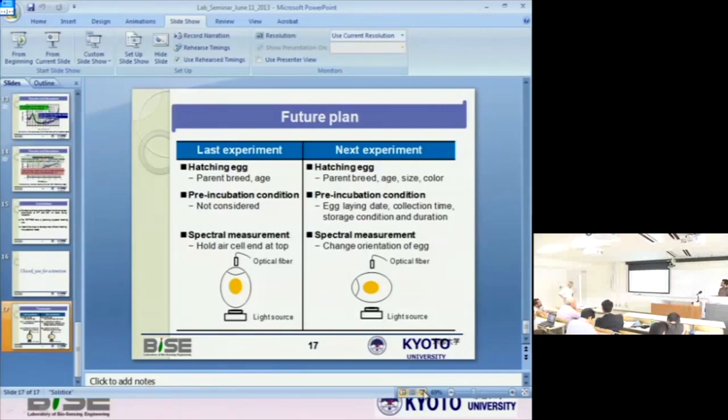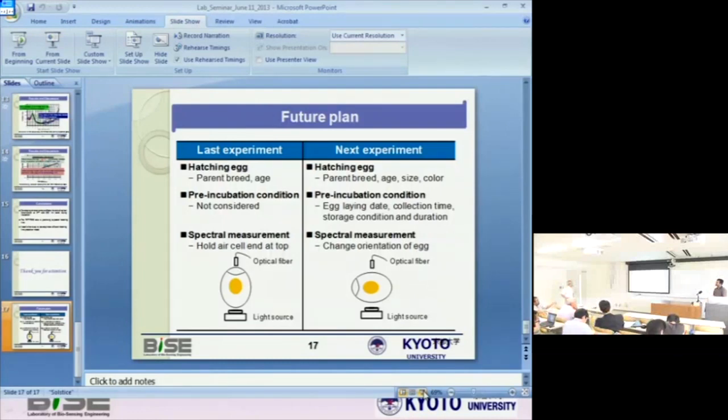The design of experiments will affect your results, so it's better to design the best experimental setup depending on your purpose. If we keep this distance the same but the egg size is not the same, the size varies. So in the next experiment I have planned, I will fix this distance and keep it constant.